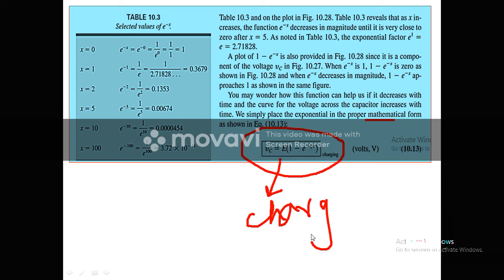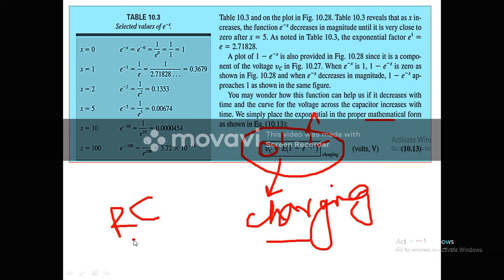So you can find the charging voltage, the voltage across the capacitor in the charging phase. E is the source voltage, and t is the instantaneous time at which you can find the voltage drop across the capacitor, and tau is the time constant, which is equal to RC.